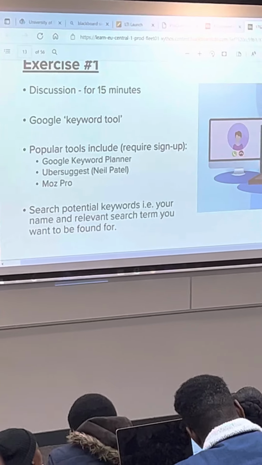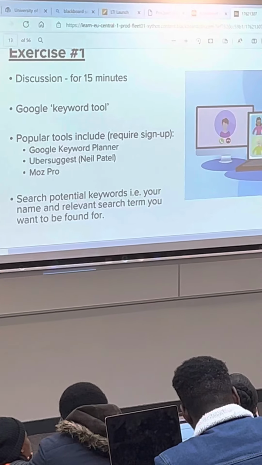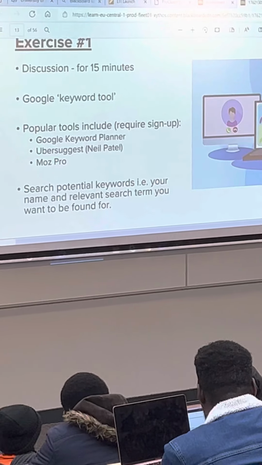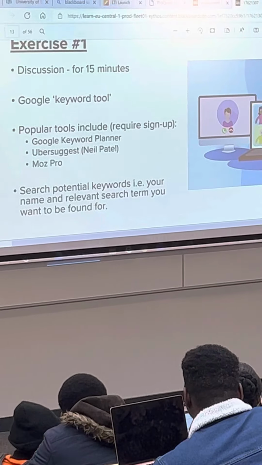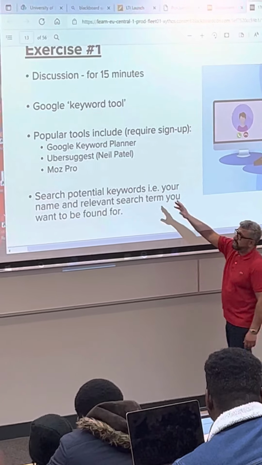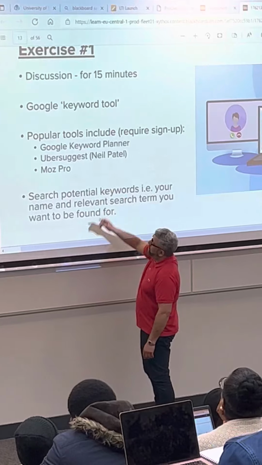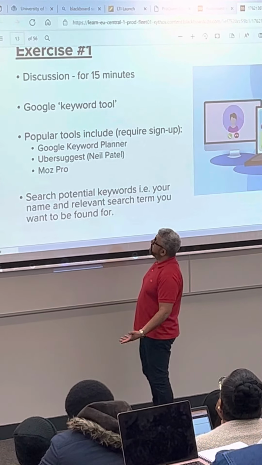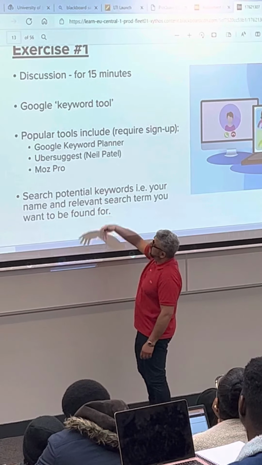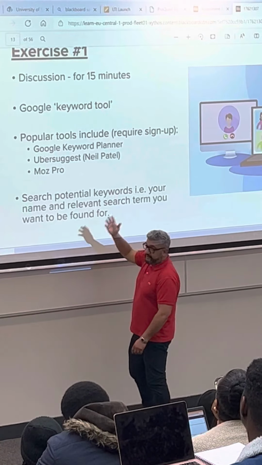Discussion for the next 15 minutes and then we'll have a break. If we were going to identify Google keywords, here is a list of different keyword tools. I always talk about Ubersuggest because it's really easy to use, but you can use others.